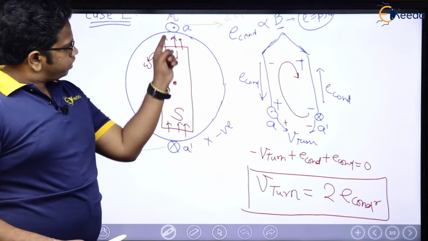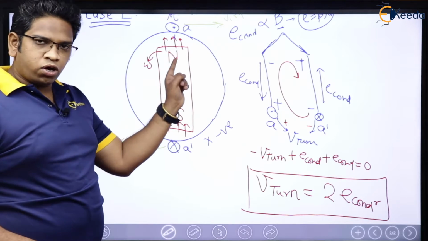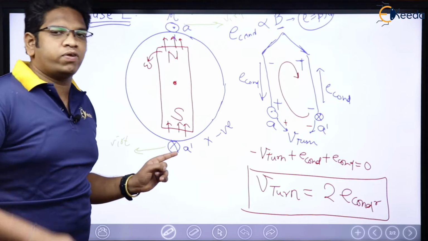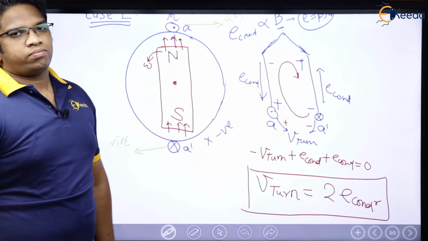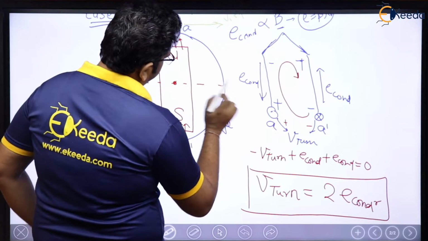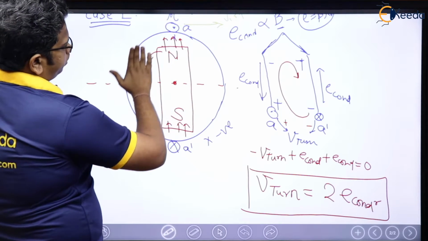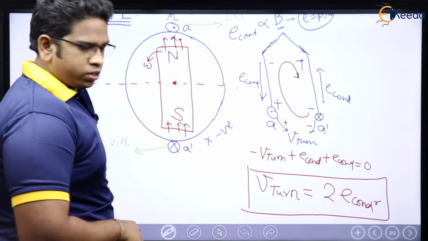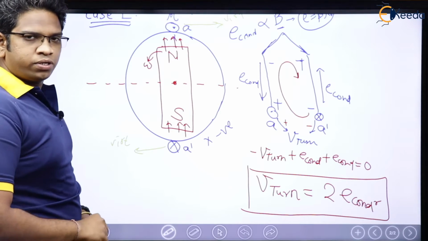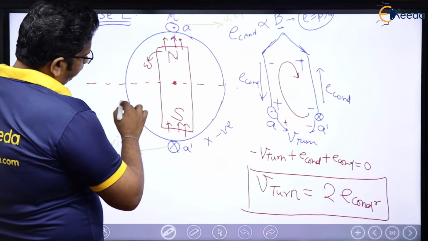Because here A is under the influence of north pole, and here A dash is under the influence of south pole, and that too at maximum flux. This entire half portion is under the influence of north, and this entire south portion is under the influence of south. So even if I place this conductor here, there is no problem.